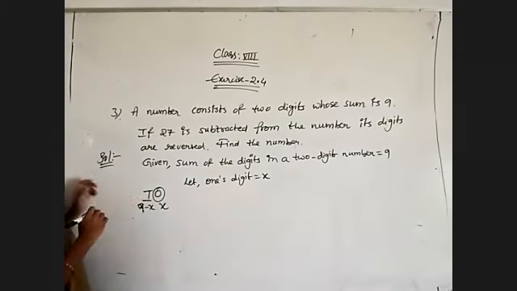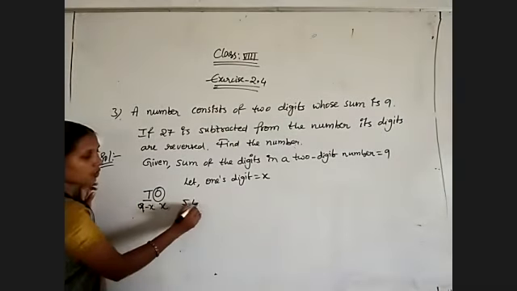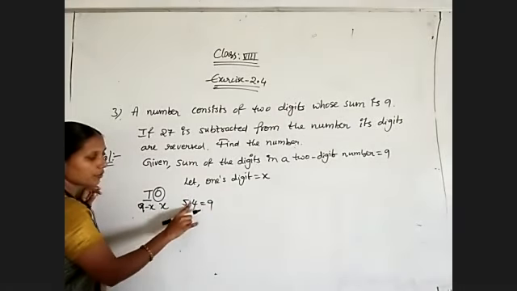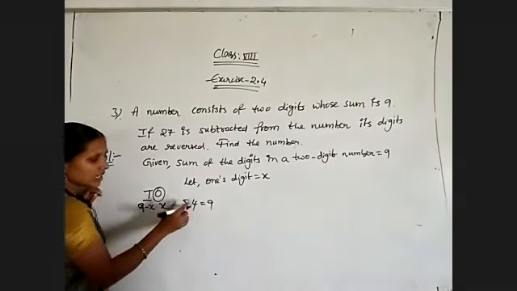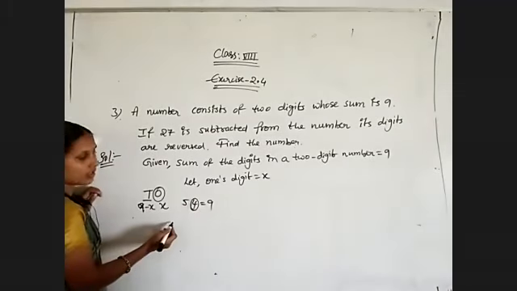So suppose 5 plus 4, 54 is there. Their sum is equal to 9. So 54 is my number and 4 is the unit digit.